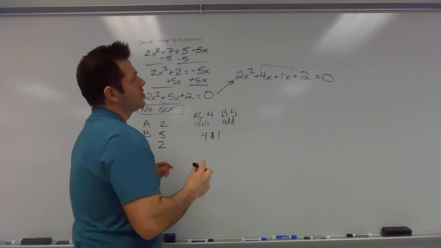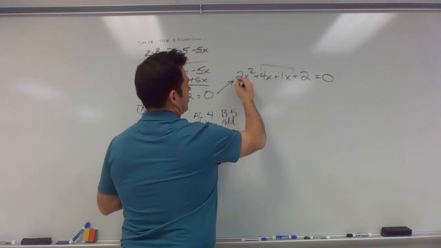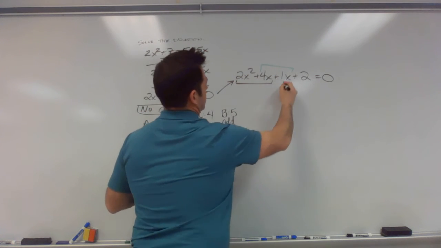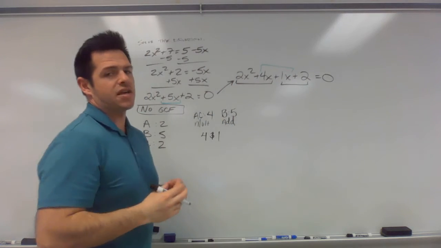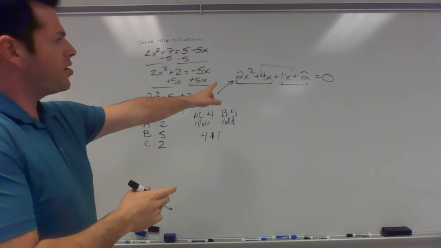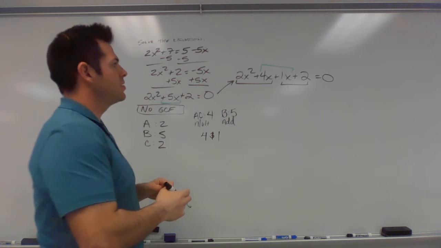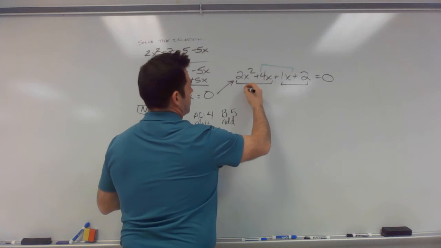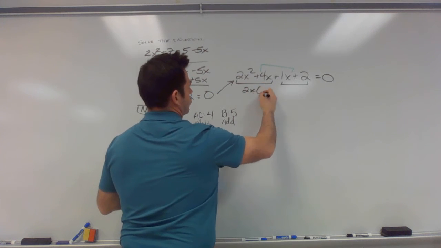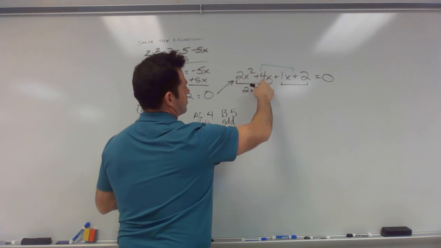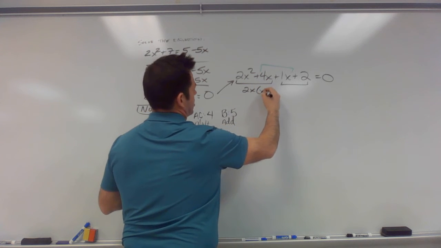And now I can try out these binomials that I have here and find GCFs if possible. First binomial, 2x squared plus 4x. GCF there would be a 2x. Removing it from these 2 terms and dividing it out would leave me with an x plus 2.